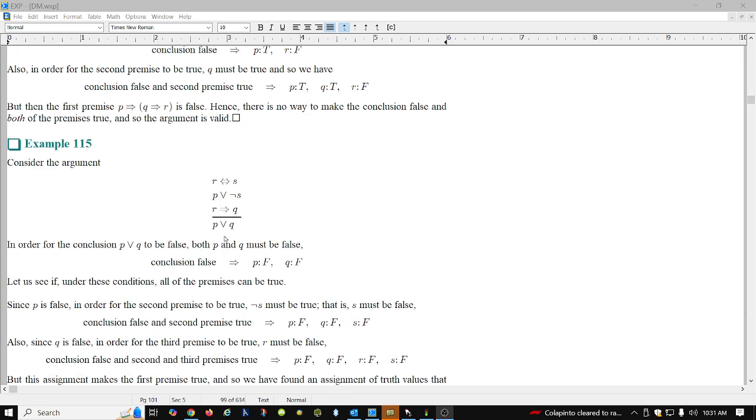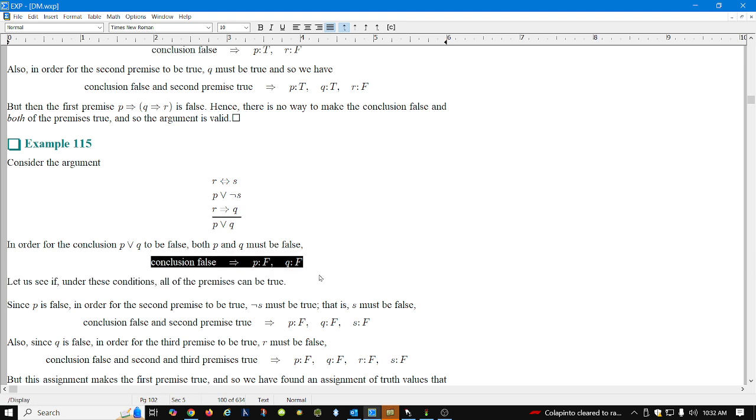Let's look at this argument. R if and only if S, P, or not S. R implies Q, therefore P or Q. In order for the conclusion to be false, both P and Q have to be false. So we're at this stage.